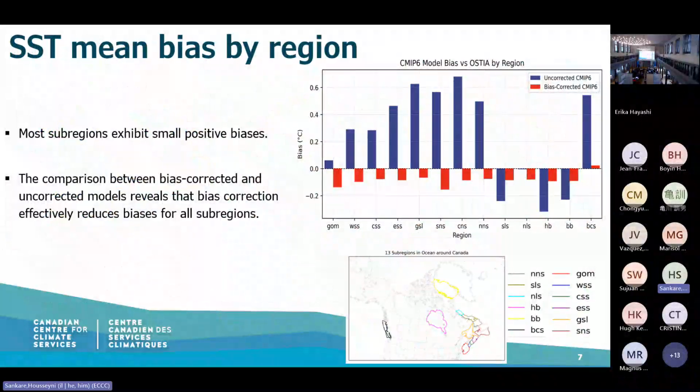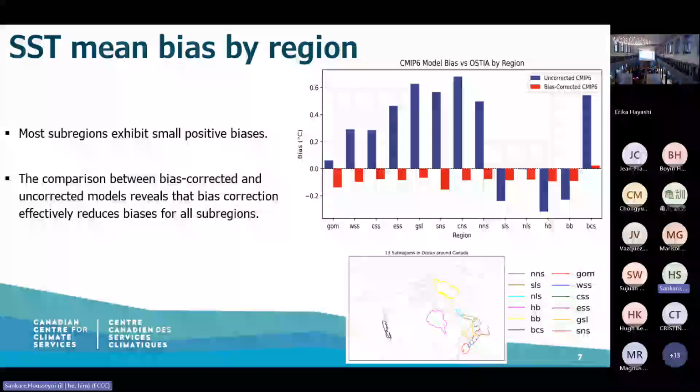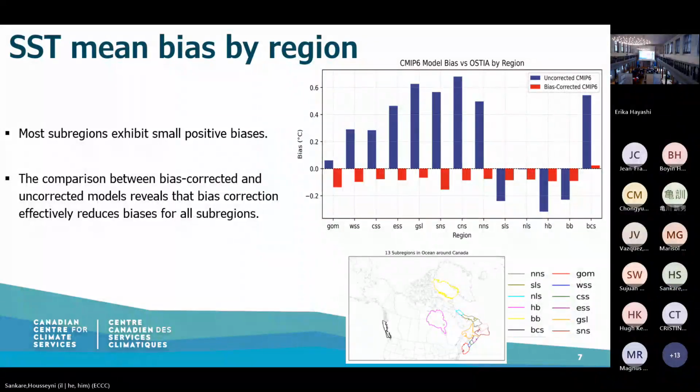This histogram presents the mean SST bias of CMIP6 model output relative to OSIA, again for the historical period. The analysis is based on the median of all 28 CMIP6 models, for 13 ocean subregions around Canada, shown in the map below.